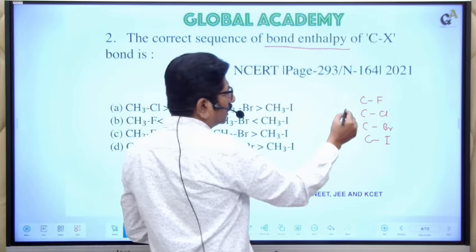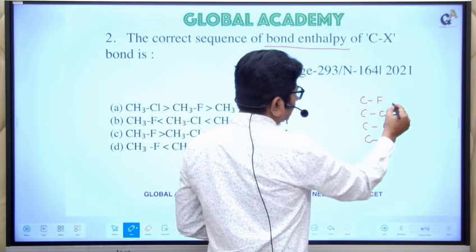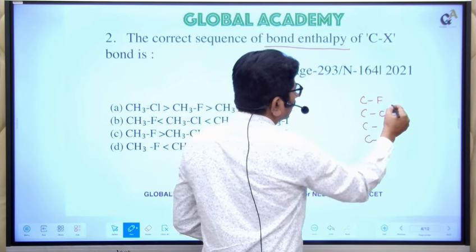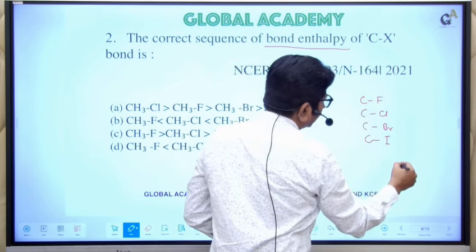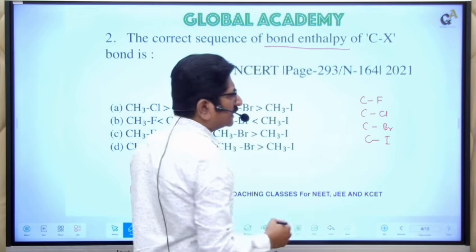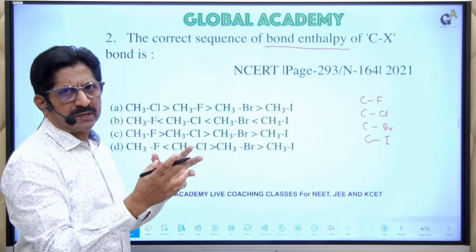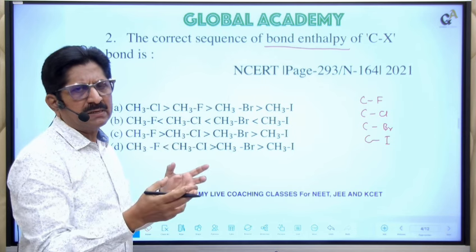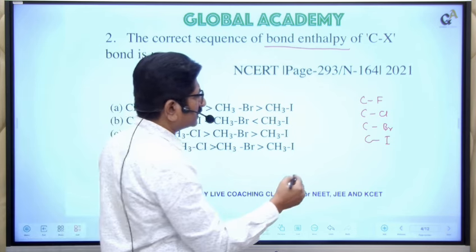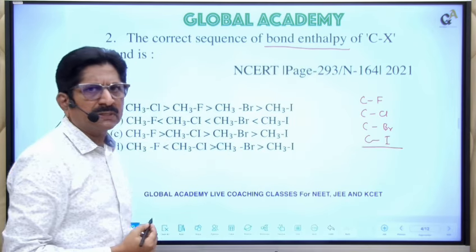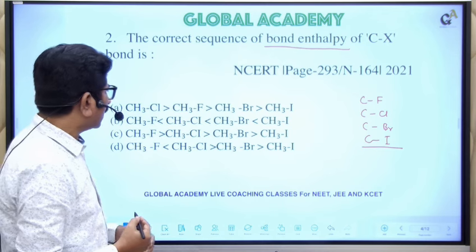As the bond length increases, the dissociation enthalpy goes on decreasing. The carbon fluorine bond has the highest enthalpy, whereas the carbon iodine has the least enthalpy.